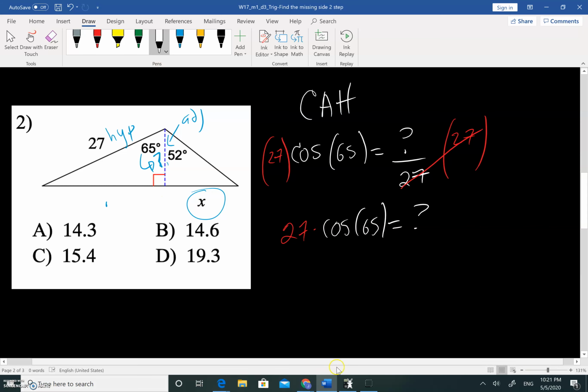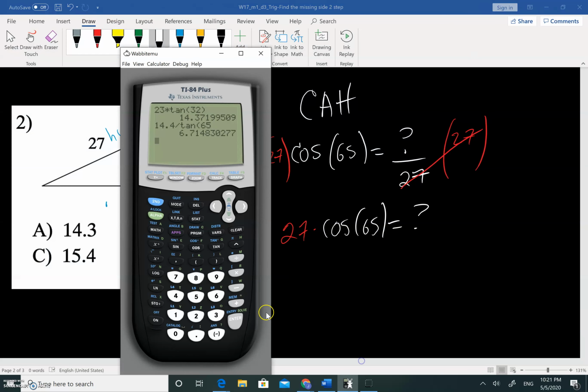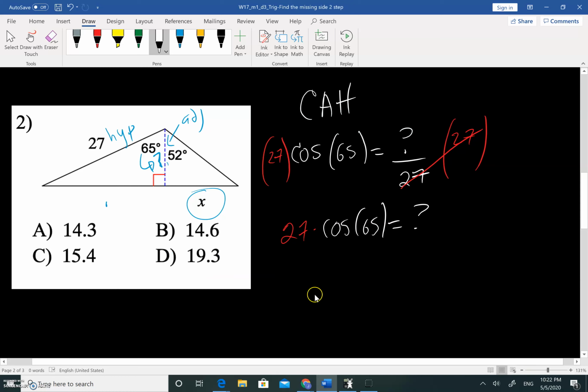Let's go ahead and put this in the calculator. 27 times cosine 65 is equal to 11.41.